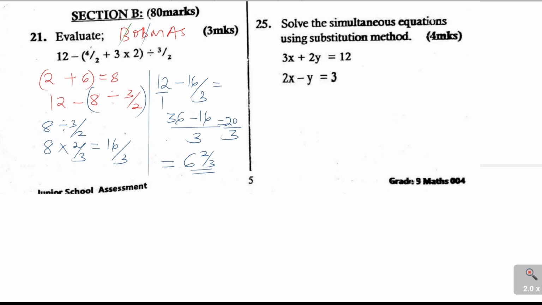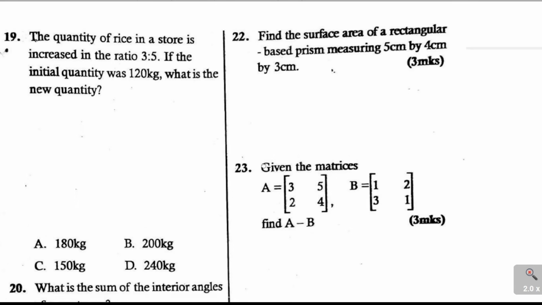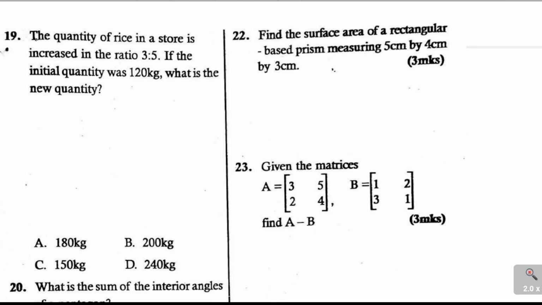Now we go to the next question. This is question 22. So question 22, you're supposed to find the surface area of a rectangular based prism measuring 5 by 4 by 3 centimeters. So you can just sketch this prism.